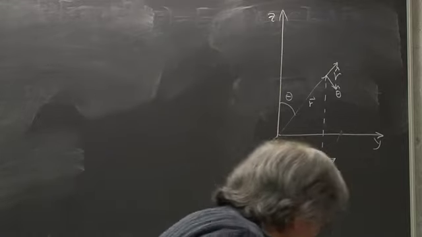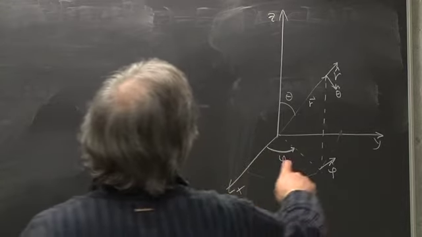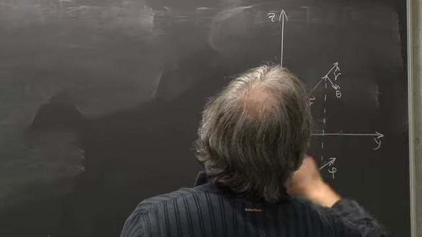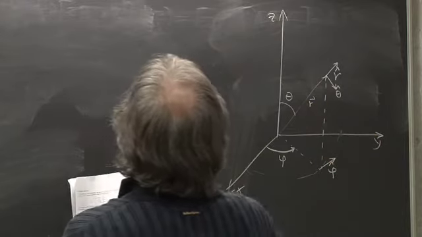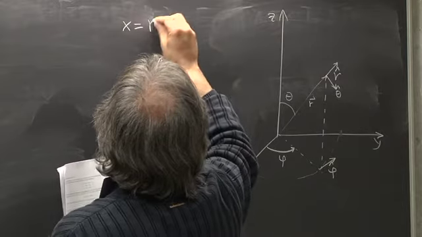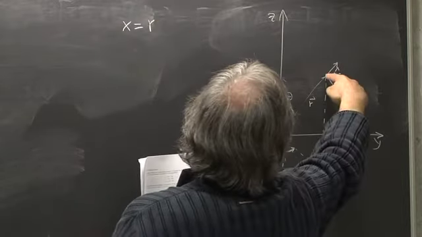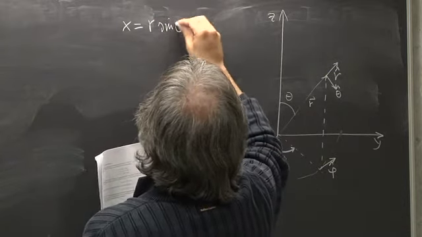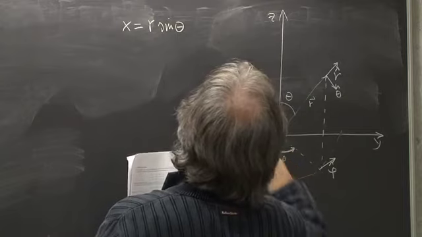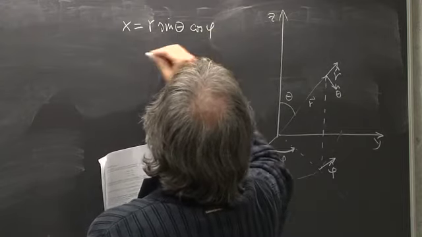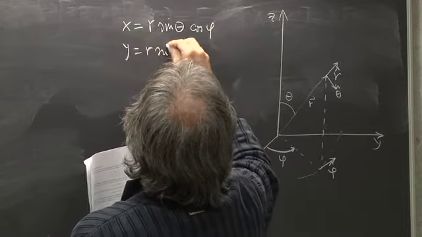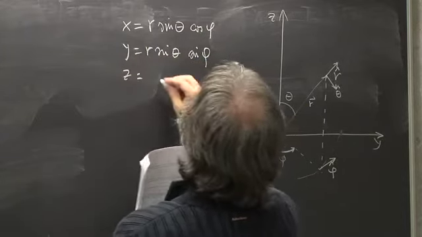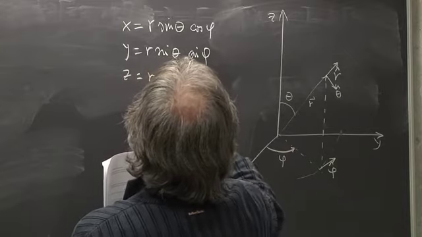Now, you know to express the x, y, and z in terms of r, theta, and phi. I remind you here, x is just r times the sine of theta, and times the cosine of phi. y is r sine theta times the sine of phi, and z, the simplest one, is just r cos theta.